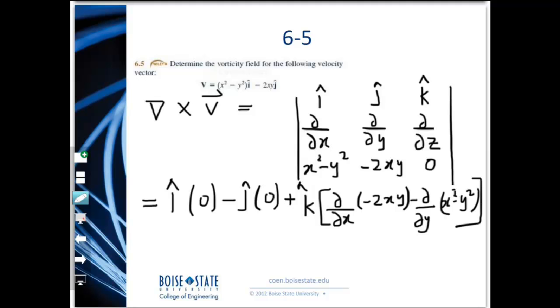This is a simple differentiation you can do. So you observe that k times minus 2y plus 2y, so this is 0. So del cross v in this case is 0, so it's irrotational. Okay, so let's look at another problem.